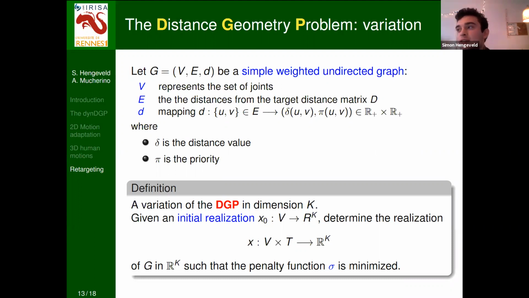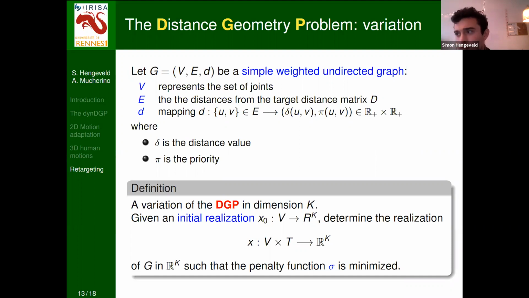Again, we have this mapping D, which maps a priority to every distance value that we have. But an important difference in this variation is that we have an initial realization of our skeleton, which we refer to as X0 here on the slide. In the practical results, this is the previous frame of the results.